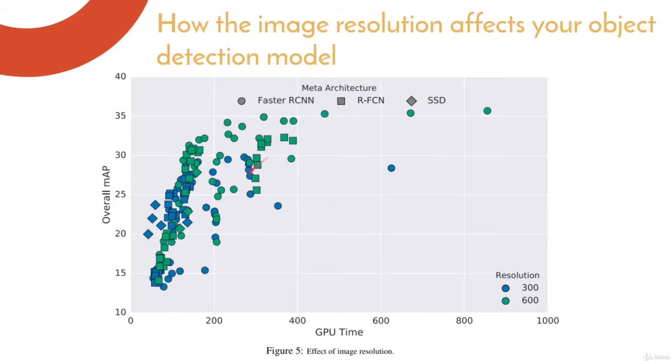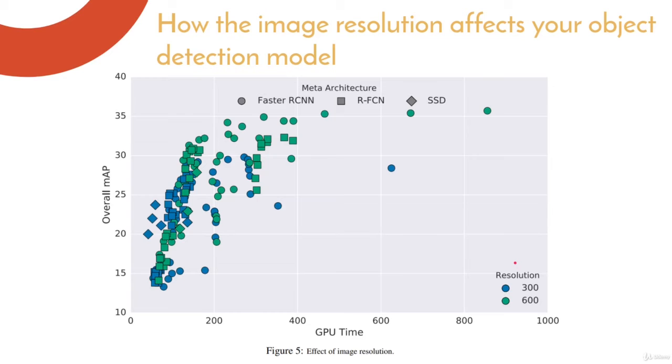And on the lower end, when we choose, for example, SSD here, with 300 by 300 images, we see that we can get some good mean average precisions and very good speed in terms of prediction. So this is something that you should also consider.